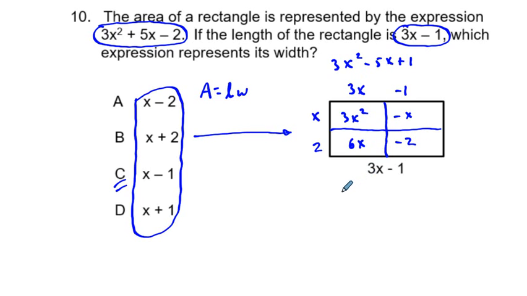So in putting all these together, we're going to get 3x squared plus 5x minus 2, which is our area here. So B is our correct answer.